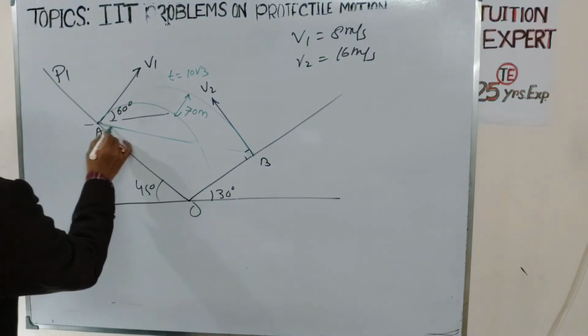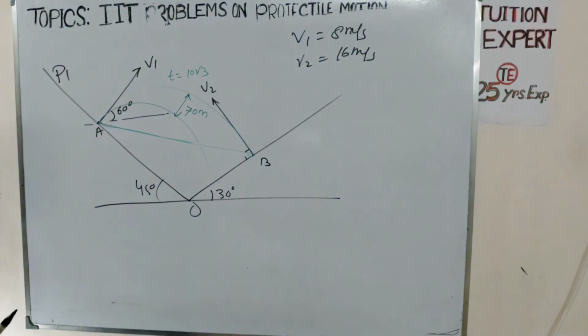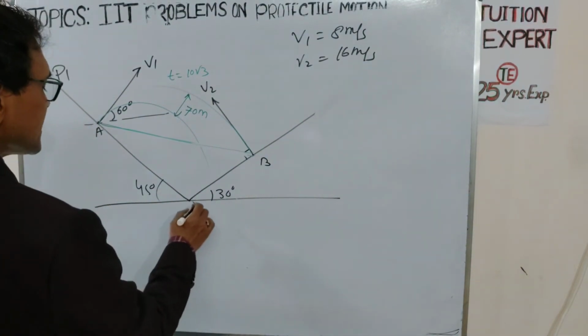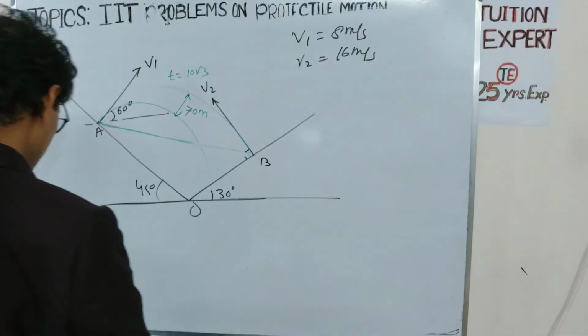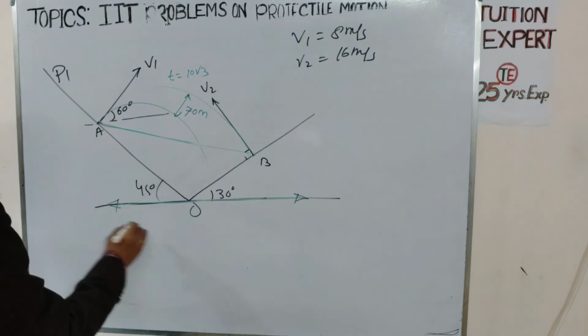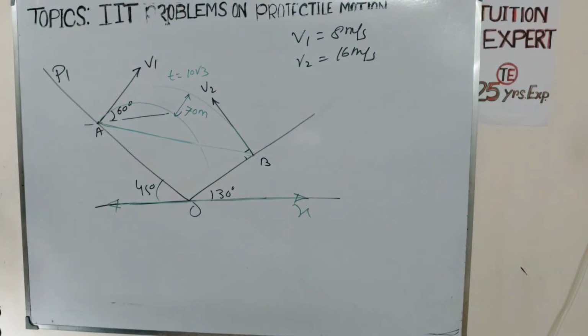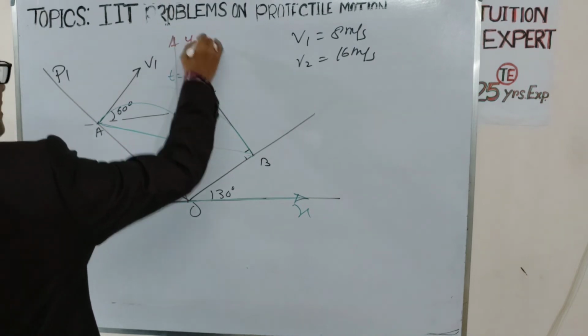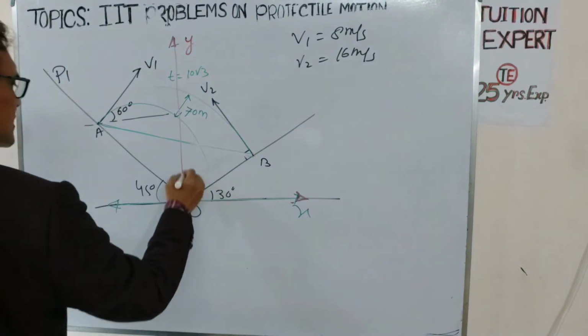Now to solve the problem, we have to consider the relative motion. First, we take x-axis and y-axis as per our convenience. So let this be the x-axis, and this becomes the y-axis.